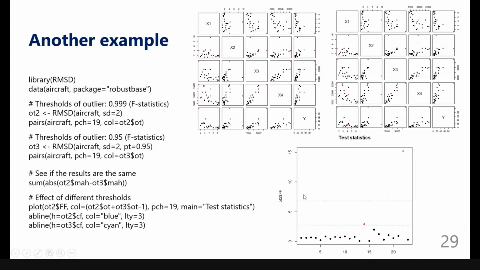The threshold for the default setting is shown in blue color, and the threshold with the 95 percentile point is shown in cyan color. Because of the difference of the threshold, the number of outliers detected is different.